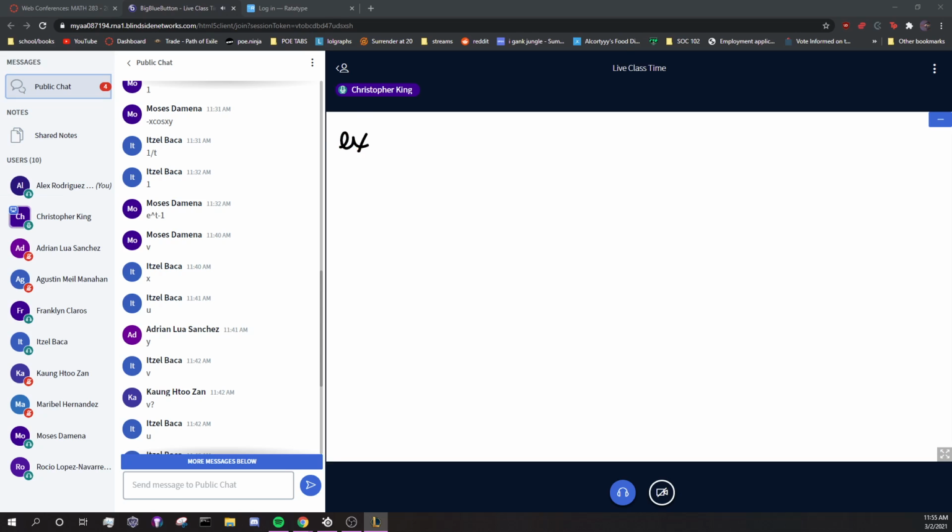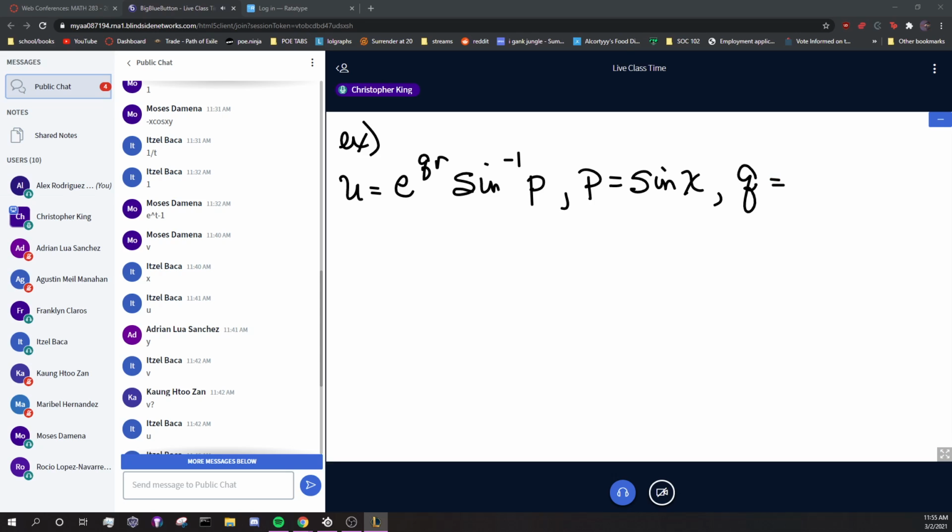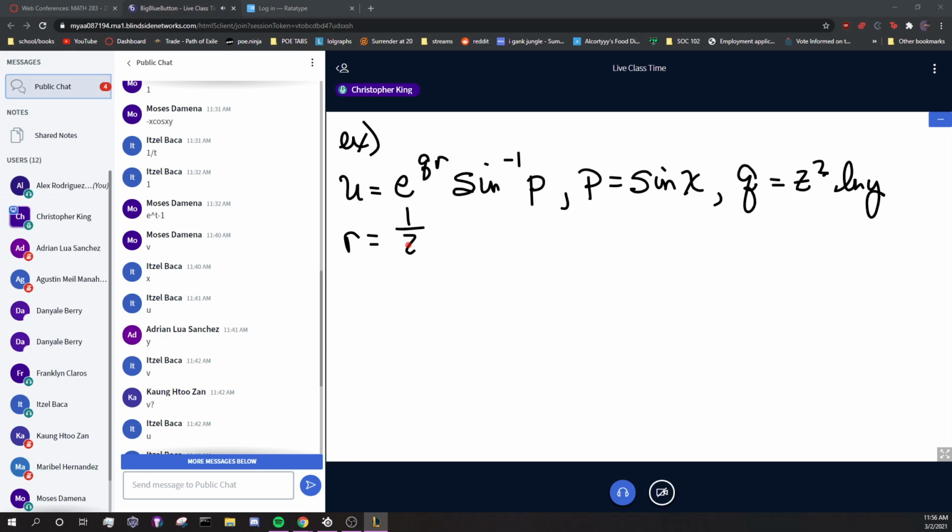For our last example, we are told that U is equal to e to the QR times the sine inverse of P. P is defined as the sine of X. Q is defined as Z squared times the natural log of Y. R is defined as 1 over Z. And the point that we are dealing with is in terms of x, y, and z: pi over 4, 1/2, -1/2.